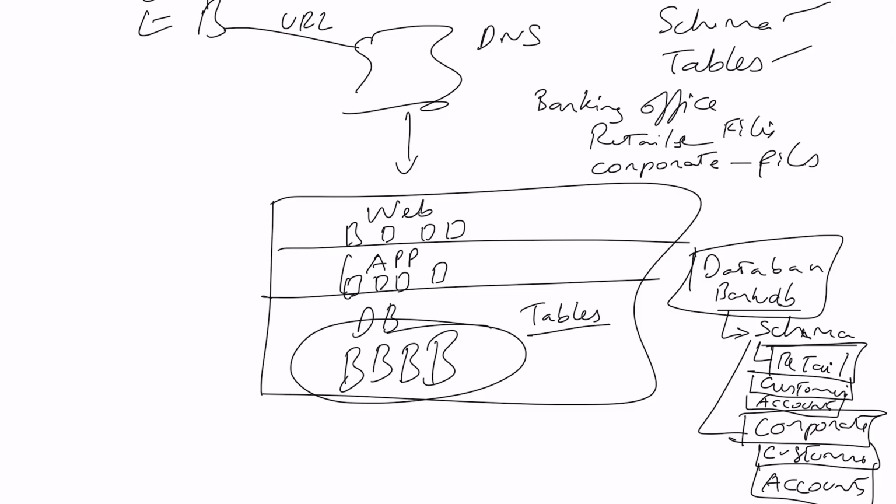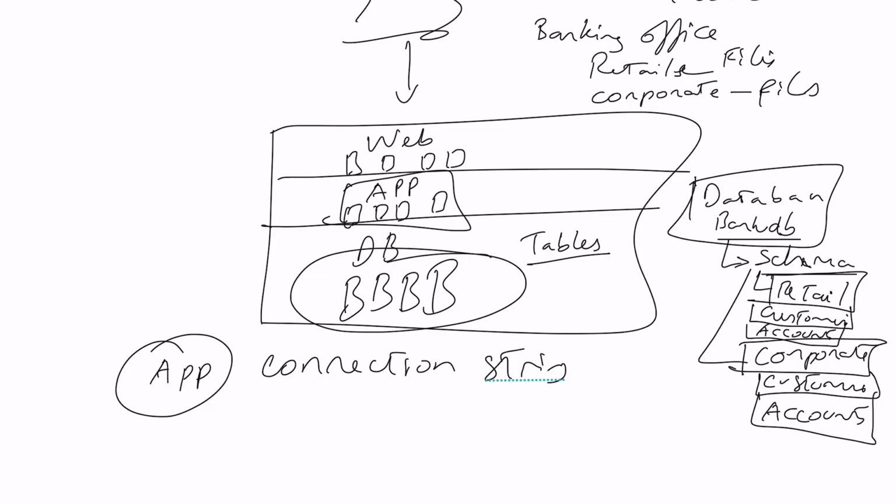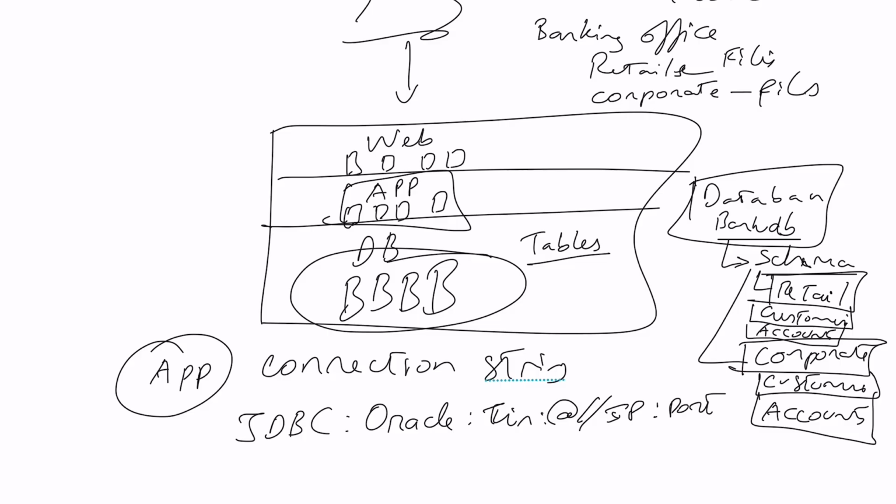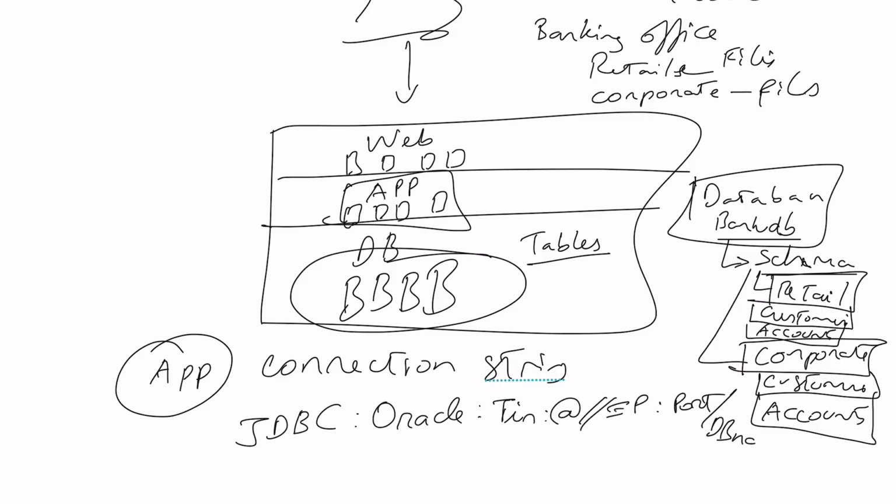Now when I mentioned app to DB, one important point is that whenever you are connecting from an app to a database, there is something called a connection string. If you talk about Java applications, it will always be something like JDBC colon, and if it's an Oracle database, Oracle colon, then maybe the driver name, then at the rate, slash slash your IP address, then port number, then maybe the DB name, which in our example is bank DB.